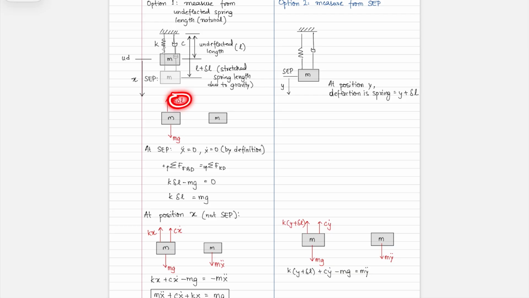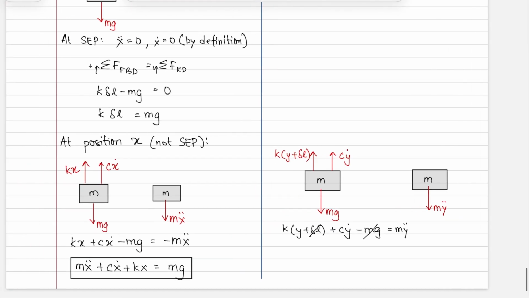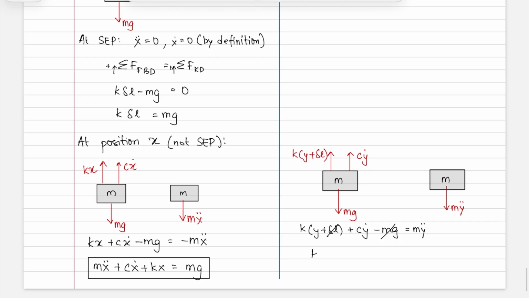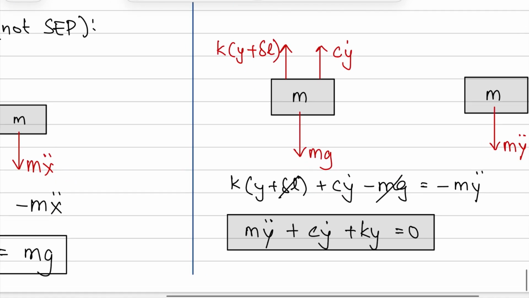So k delta L is equal to mg, which means I can cancel these out. So you have ky plus c y dot is equal to m y double dot. Well, I made a mistake here. This should be minus m y double dot. If I move this around, you get m y double dot plus c y dot plus ky is equal to 0. This here is your equation of motion.